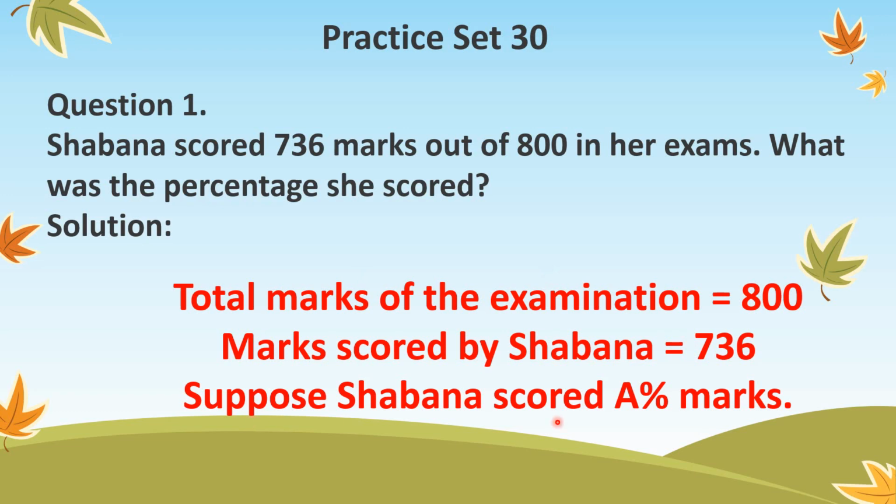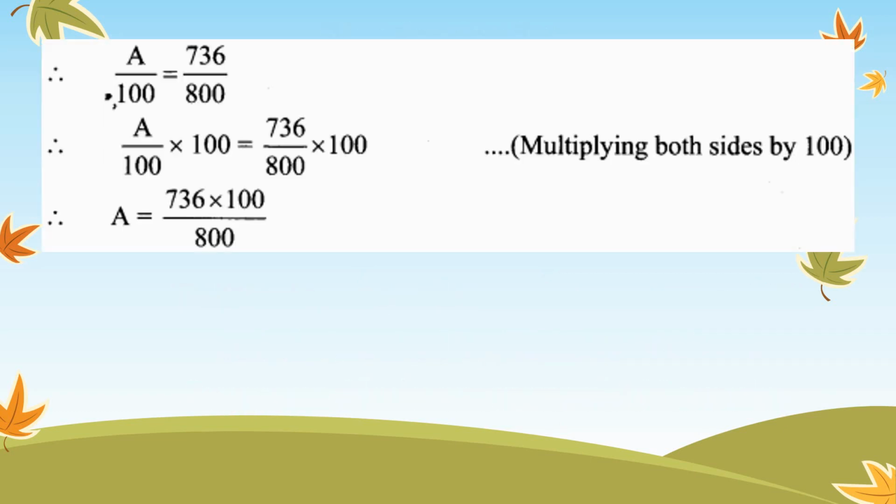Suppose Shabana scored A% of marks. So A upon 100 is equal to 736 upon 800. Now we will multiply both sides by 100. So A upon 100 multiplied by 100 is equal to 736 upon 800 multiplied by 100.